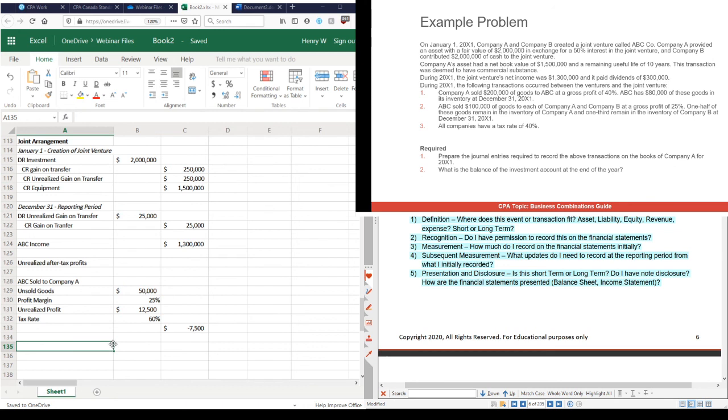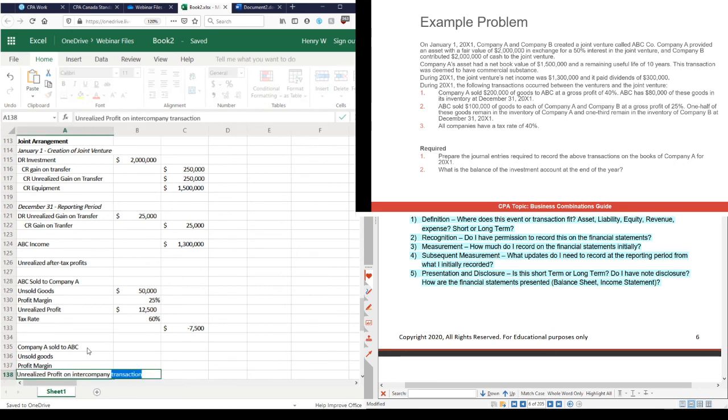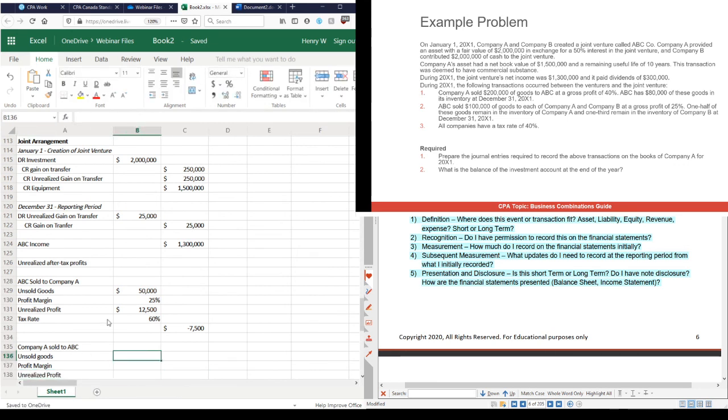And then Company A sold to ABC. Sorry, sold to ABC, not Company B. Unsold goods. Profit margin, unrealized profit, $80,000.